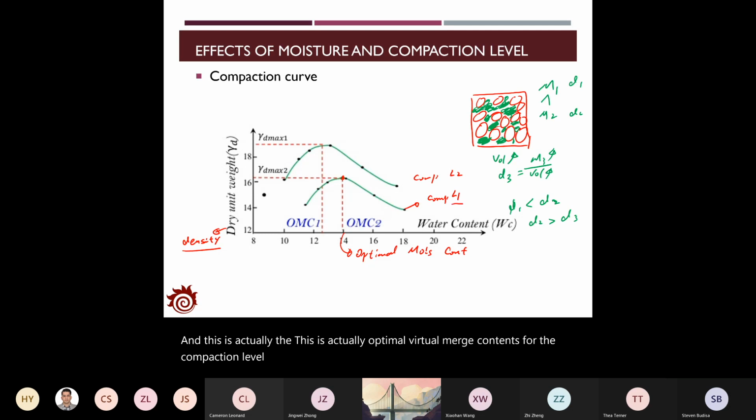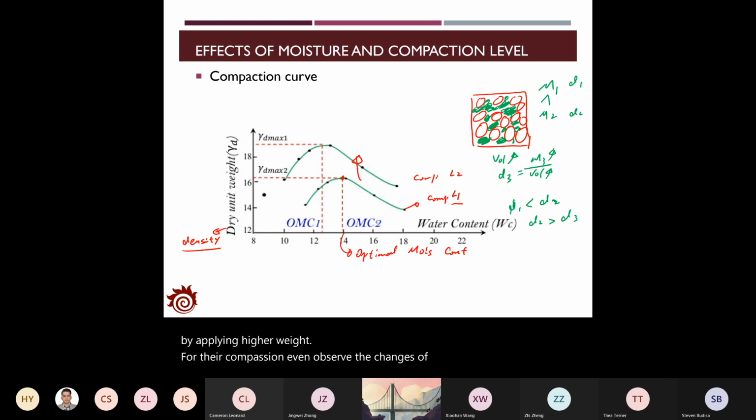By increasing the compaction level, like from 1 to 2, by applying higher weight for the compaction, you will observe changes in the relationship between the dry density, the dry unit weight, and moisture contents.